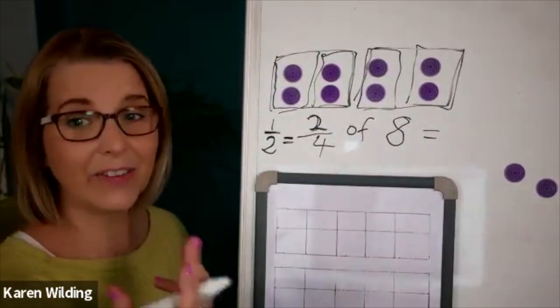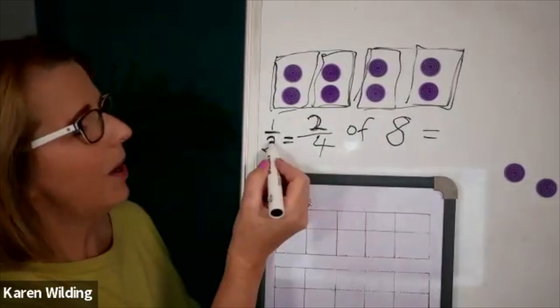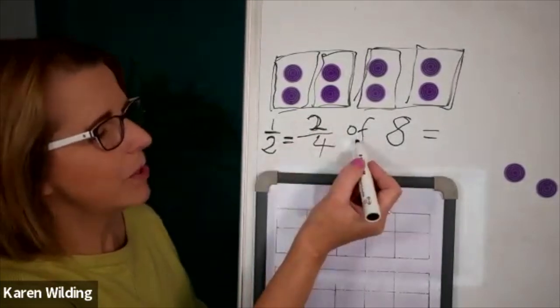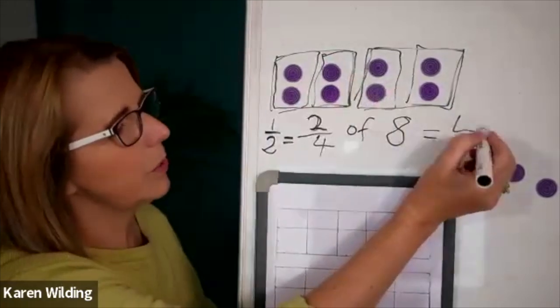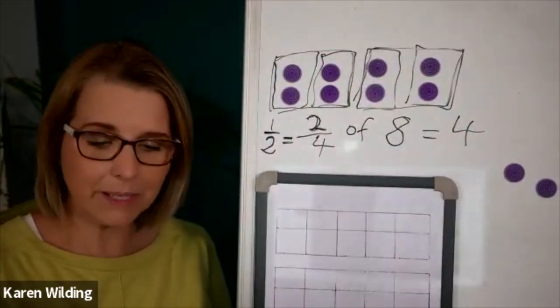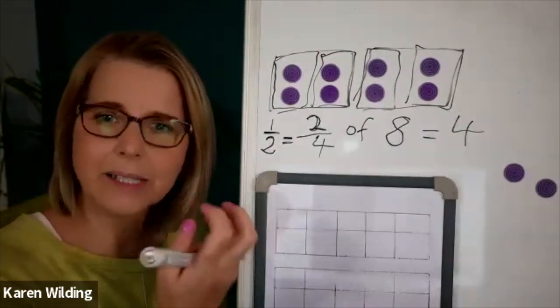So this stuff is exactly what your children are doing further up the school. So half, which is equal to 2/4, so half of, or 2/4 of 8 is equal to 4. And that again goes on to be some much more complex mathematics later. But it's all coming from the fact that children can see parts in the whole.